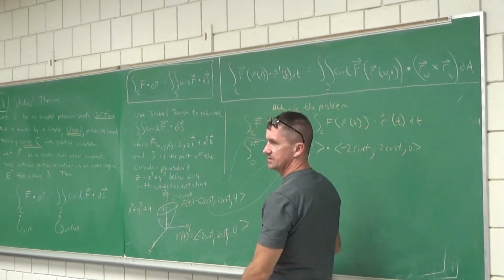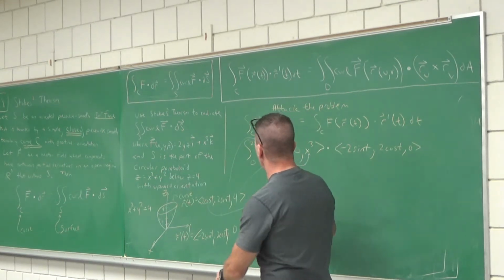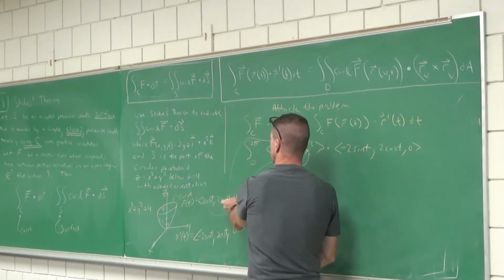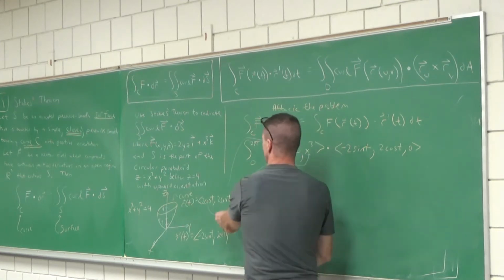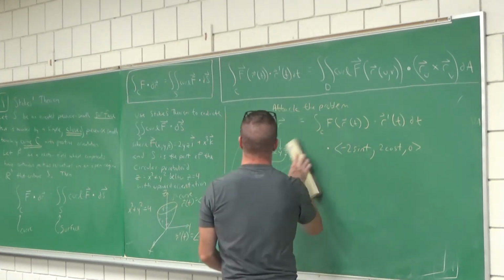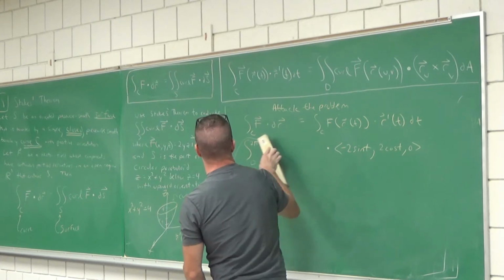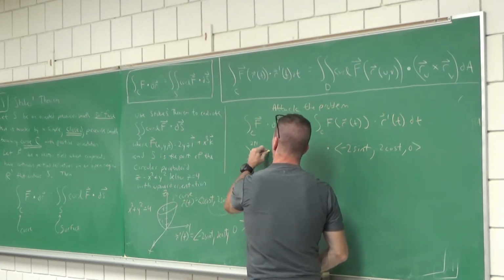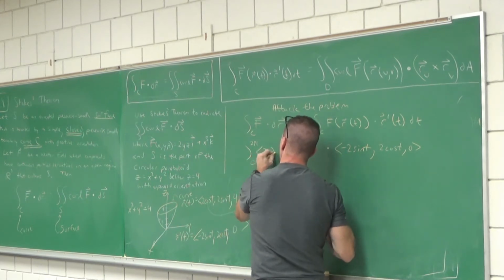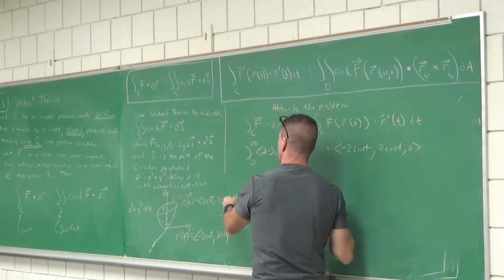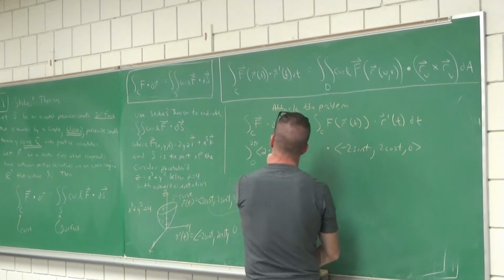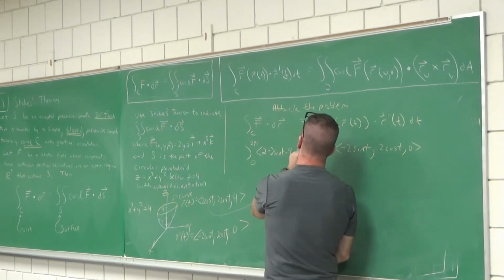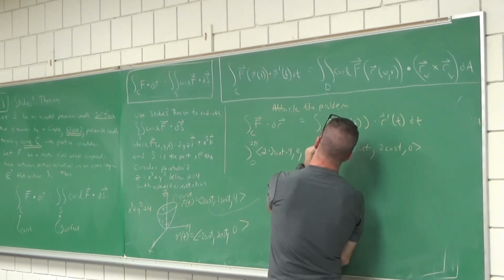So I'll do it. Ready? What's 2 times this times this? Okay. Let's see, here I go now. 2 times 2 sine t times a 4, comma 0, comma, what's that last component?